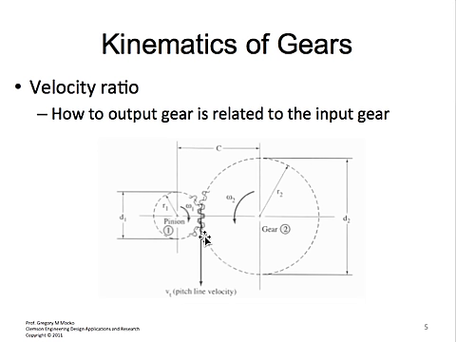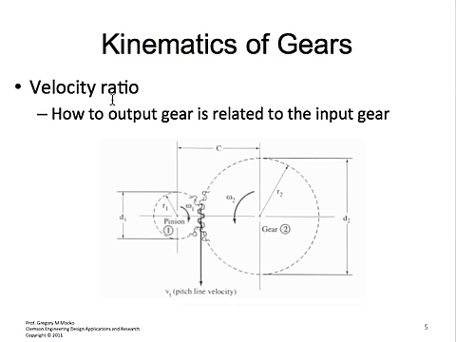But this pitch line velocity is really where the power is transferred. The point of contact of these teeth is along the pitch line. Pitch line velocity is measured in inches per minute, whereas rotational velocity is measured in radians per minute or revolutions per minute.